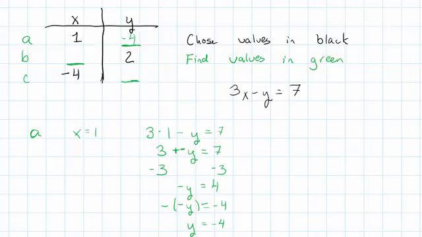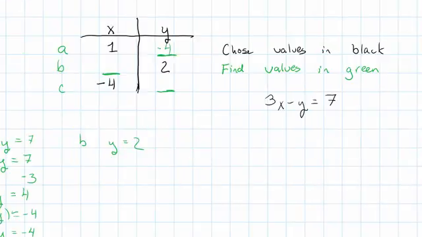Okay. So that was row A. Row B, we've chosen y equals 2. So we have 3x minus 2 equals 7. And again, we'll understand that minus is plus the negative. First, we need to get rid of the negative 2.